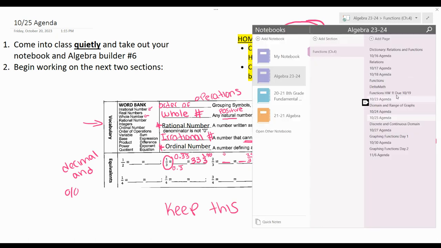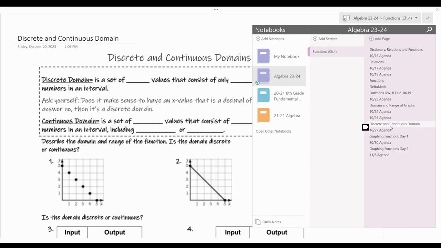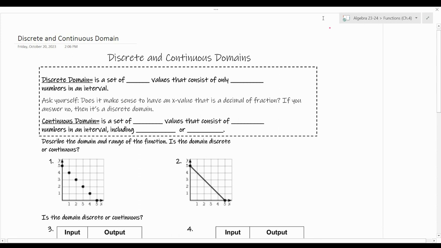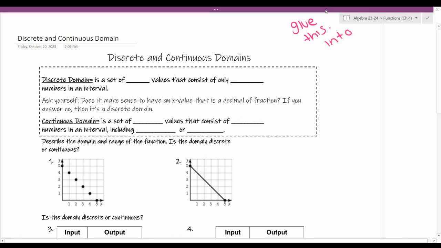Okay, let's go to our notes. So this is the piece of paper that you should have gotten from Mrs. Malasnik. And again, if you have not, please pause the video, raise your hand, and politely ask Mrs. Malasnik to pass it out. You are going to glue this into your notebook.